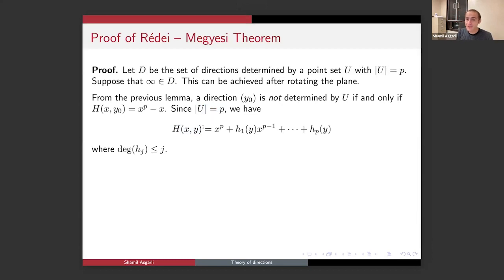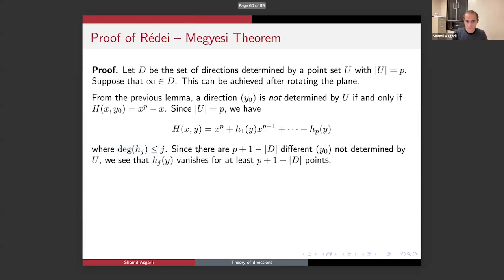The Rédei polynomial always has degree equal to the cardinality of the set, and we write it decreasing the powers of x one by one, so the last one is x to the power 0, which is not present, and we increase the indices of h: h1 of y, h2 of y, all the way until hp of y. With this convention, the degree of hj is at most j.